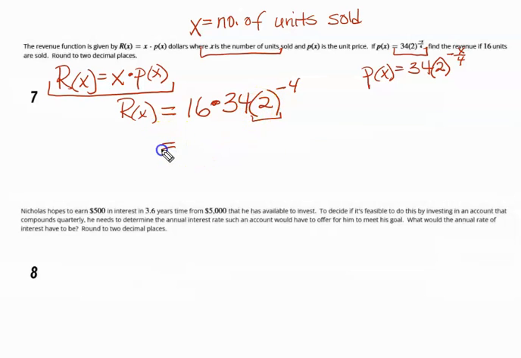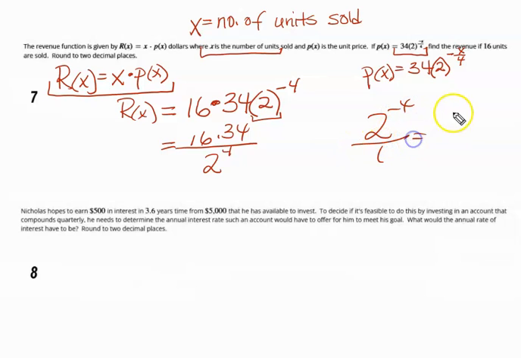So this then can be read 16 times 34 over 2 to the 4th power, as using our exponent rules here. If you have 2 to the negative 4 over 1, that becomes 1 over 2 to the 4th, bringing that negative sign across the division bar.